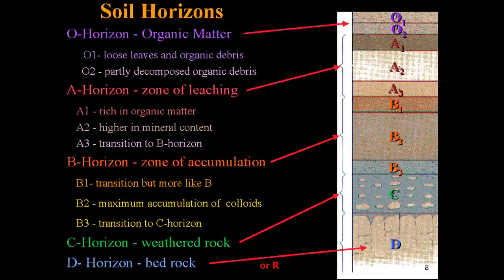So this is the zone of accumulation where all this colloidal material accumulates. B3 is the transition to the C horizon. The C horizon is the weathered bedrock, and D horizon is the bedrock itself. And this bedrock is the parent material for all of the rest. Okay.